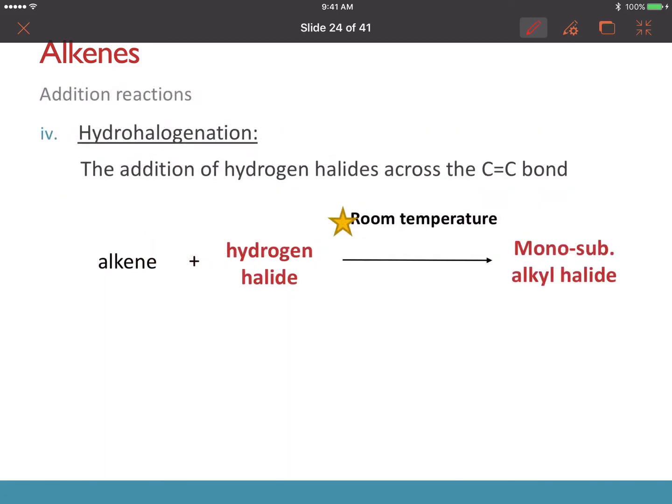Next, we'll talk about hydrohalogenation, which is the addition of hydrogen halides across the C=C double bond. So, what do we mean? For instance, let's use ethene.